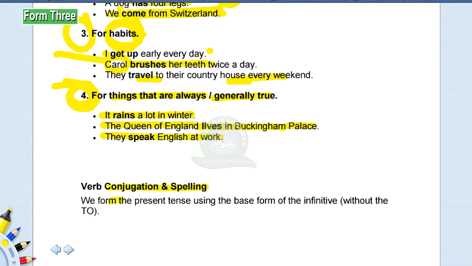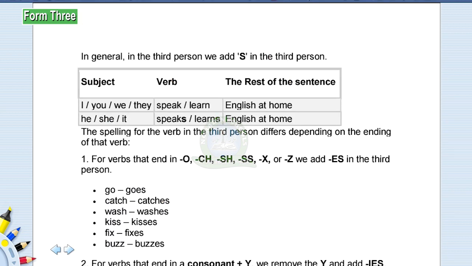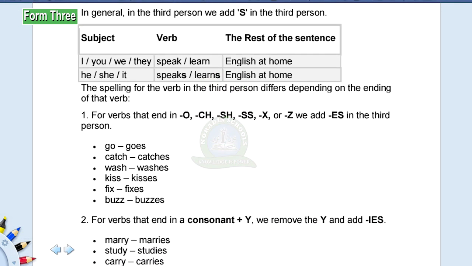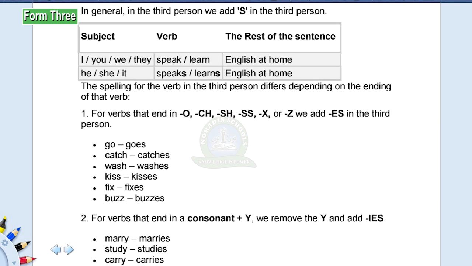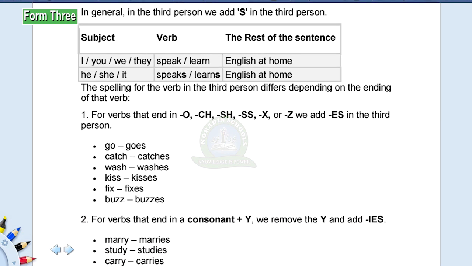Look, this we call the conjugation and spelling. We form the present tense using the base form of the infinitive without to. And this is the third person. In general, in the third person we add s. What do I mean by the third person?